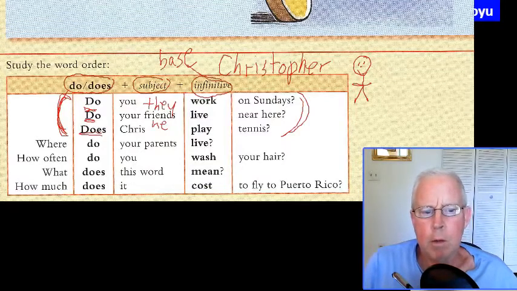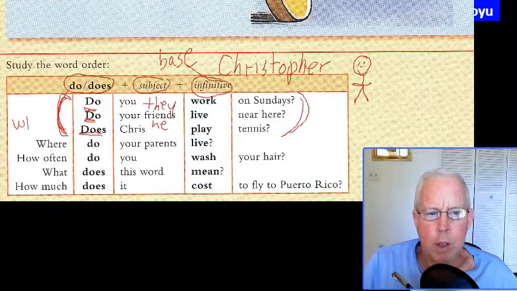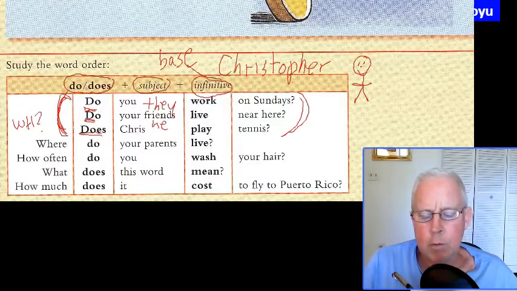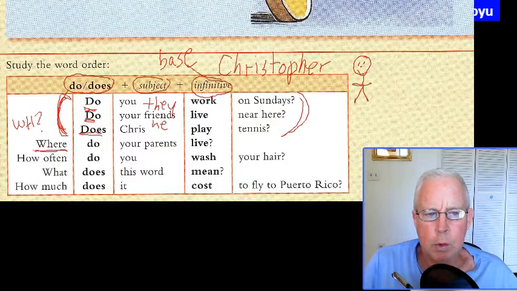Now let's add a little something to that. If we want to ask WH questions, these are information questions. Really, again, not too much to it. You put the WH word and then exactly what we've been doing. So, for example, where do your parents live?